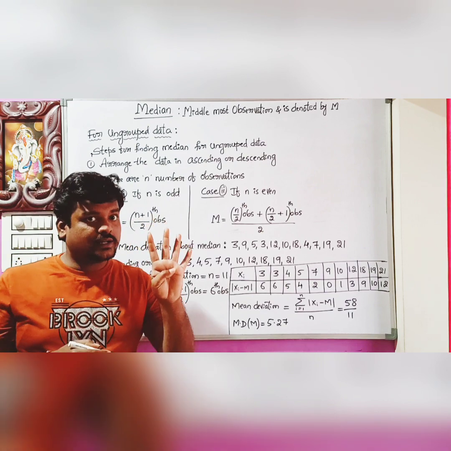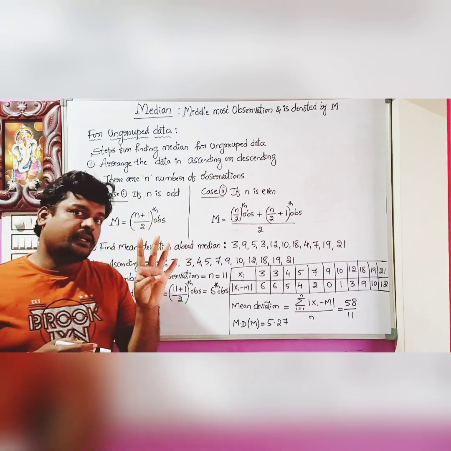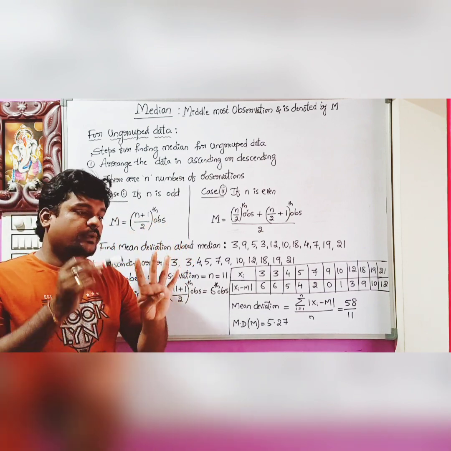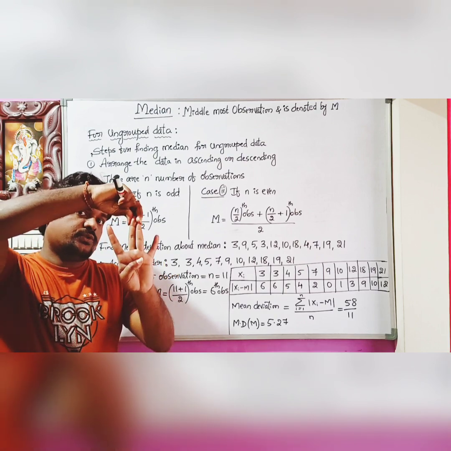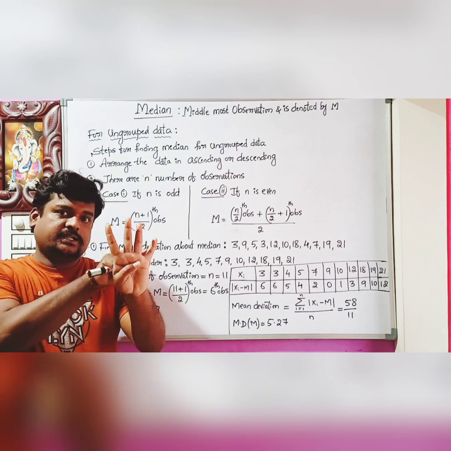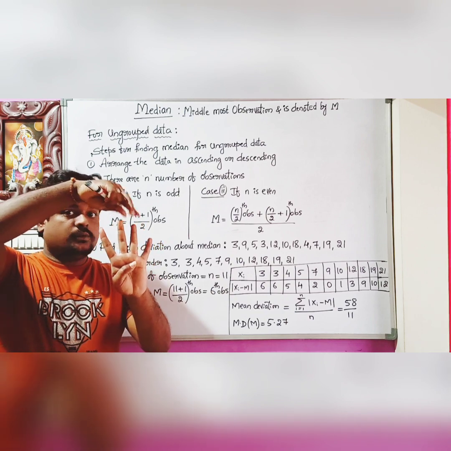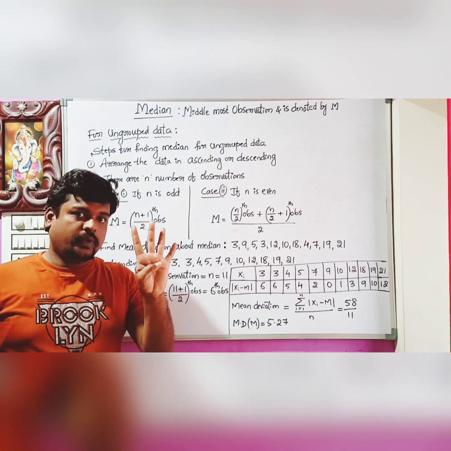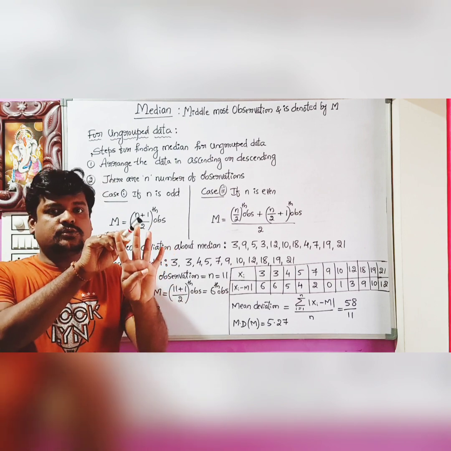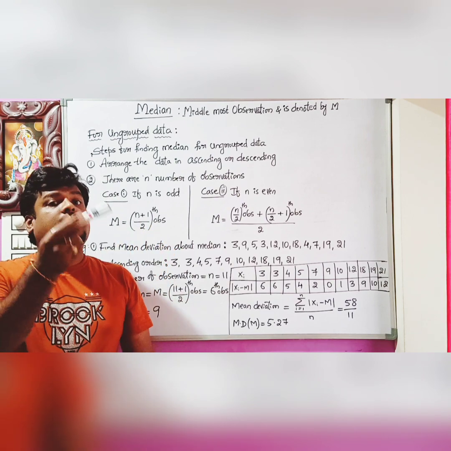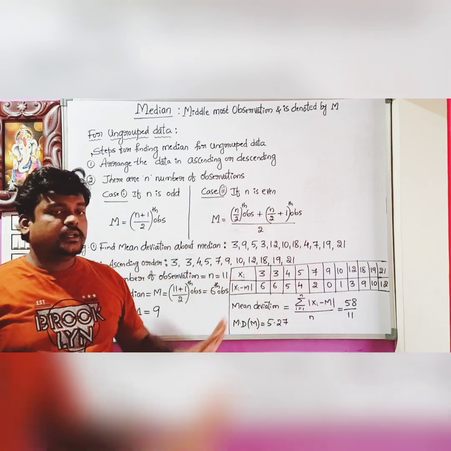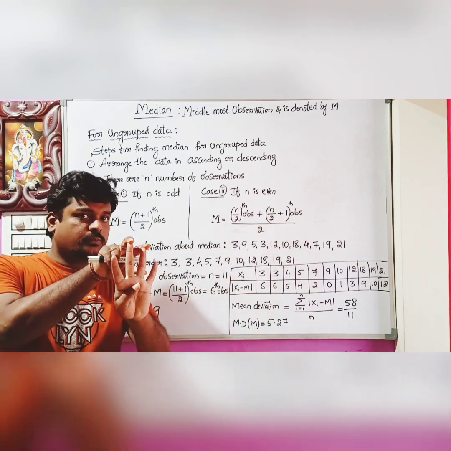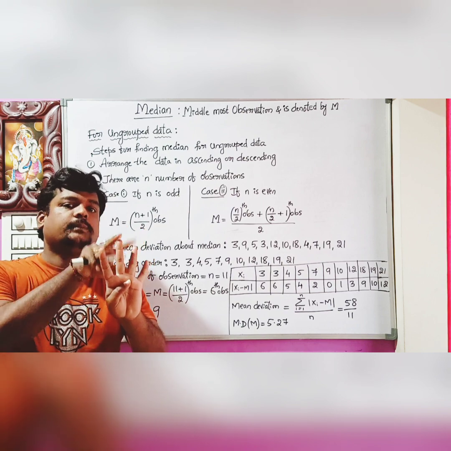We cannot get a single middlemost, but these 2 can be the middlemost if we neglect the 2 ends. But the median cannot be 2 values. I take the mean of these 2 values, the mean of the middlemost. If the observations are even, the mean of the middlemost observations is called the median.